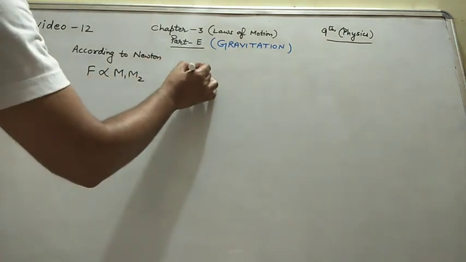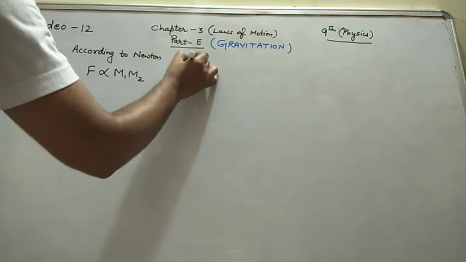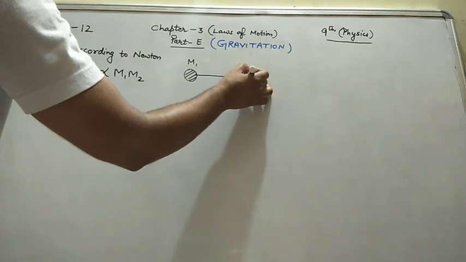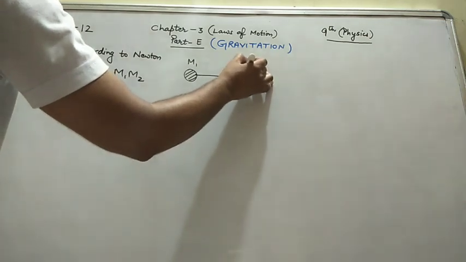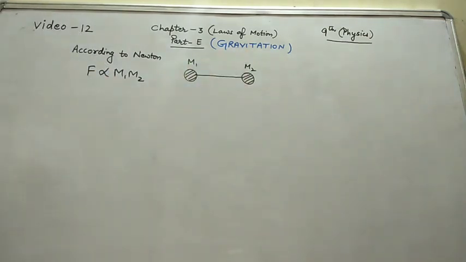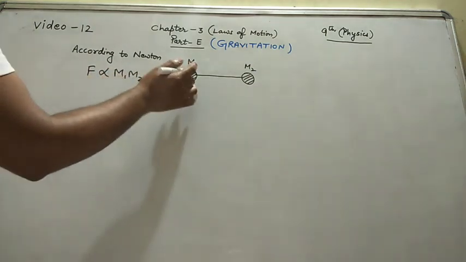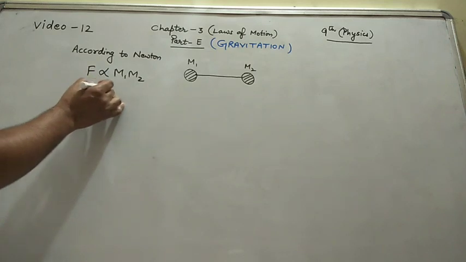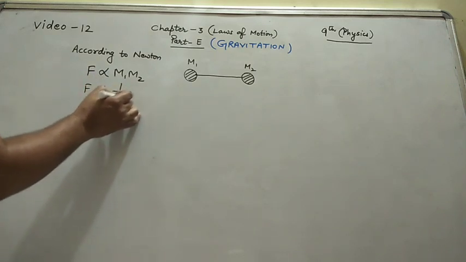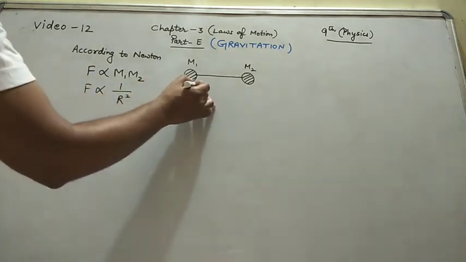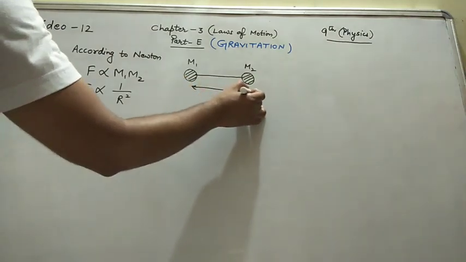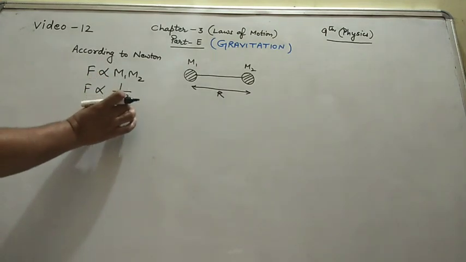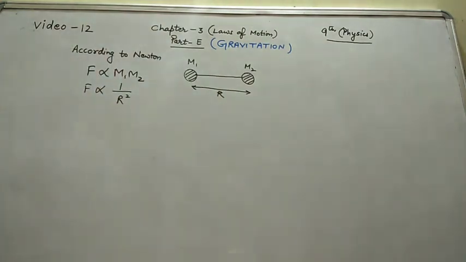Suppose this is the m1 body and this is m2. So F, the force of gravitation, is directly proportional to the product of masses and inversely proportional to the square of the distance between these two masses.